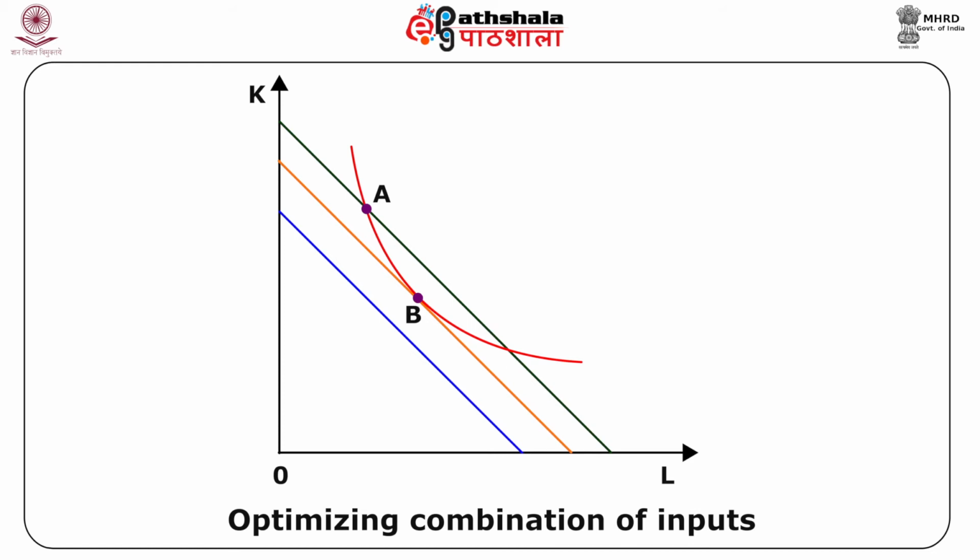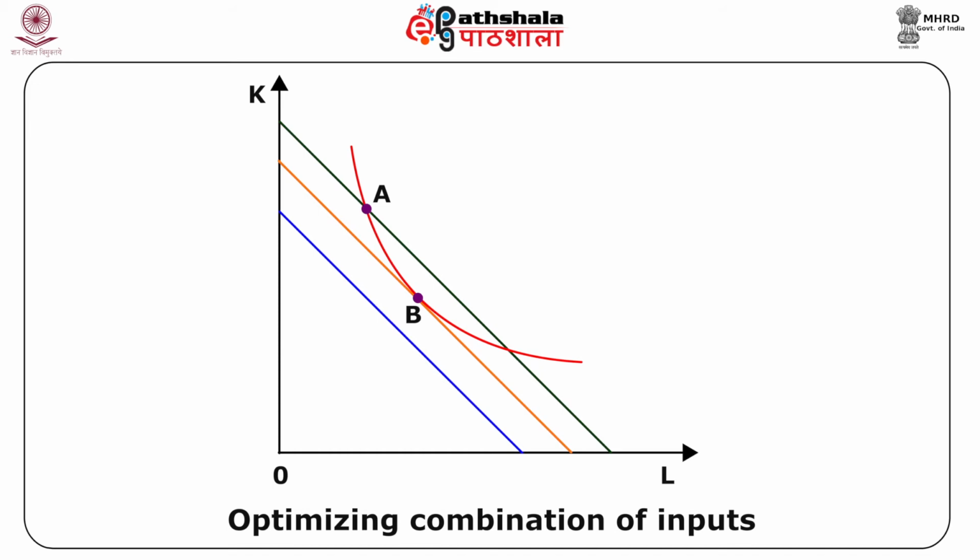Point A on the iso-quant can be produced at a cost of C3 in figure 6. The firm can lower the cost of production by moving down along the iso-quant as output remains the same and purchasing the input combination given by B, which shows a different combination of K and L that can be obtained at lower cost as it lies on a lower iso-cost line C2.